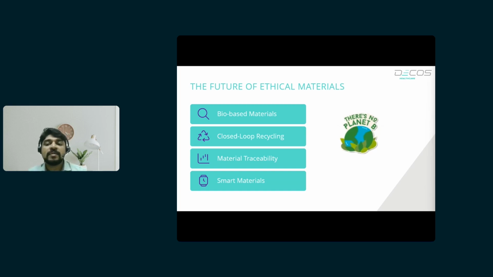This journey towards a more sustainable world starts with acknowledging the impact of our material choices and prioritizing ethical consideration throughout the entire life cycle of the material. It's a future where functionality and responsibility go hand in hand, a future built on collaboration for our one and only planet.